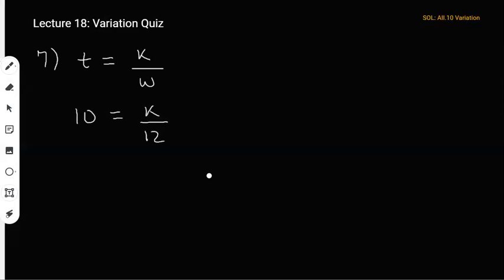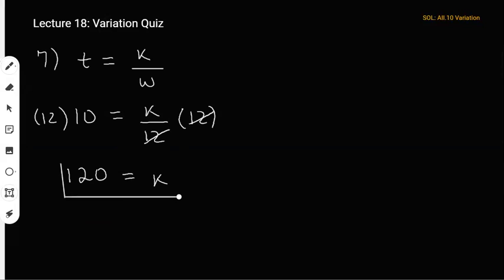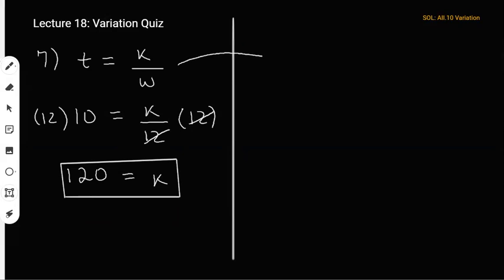I need to get k by itself, so I'm going to multiply both sides by 12. So while they might cancel out on the right side, on the left side, I'm going to have 120. So this is going to be my k value. When I rewrite my equation over here, I'm going to keep everything the same except for the k. That's going to be 120.